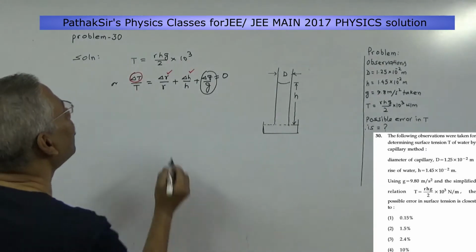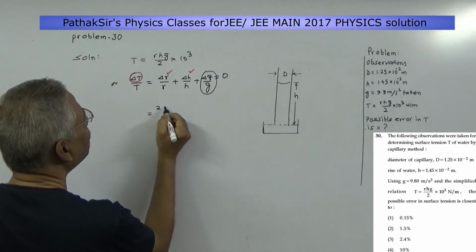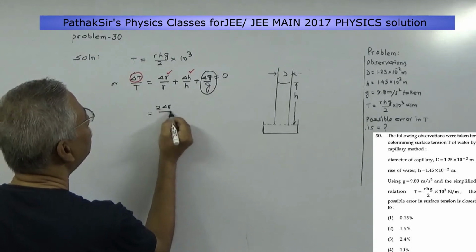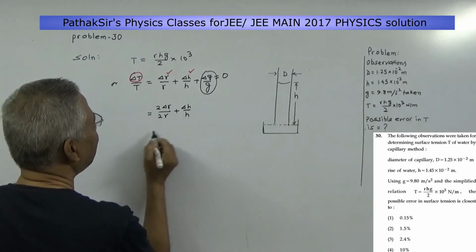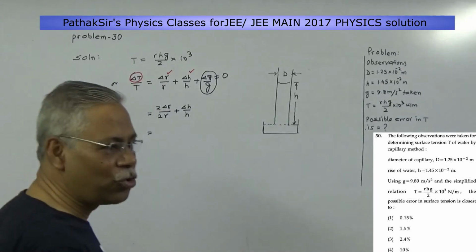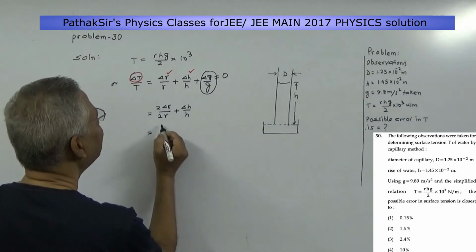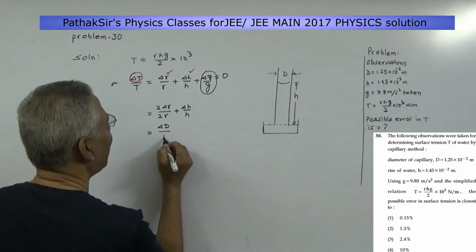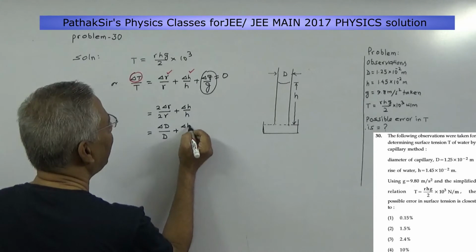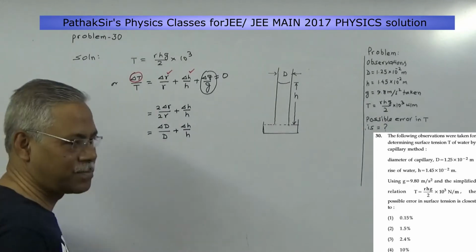Multiply both sides by 2, plus del h by h. So 2 into del r is obviously del D, the error in diameter, by D plus del h by h.